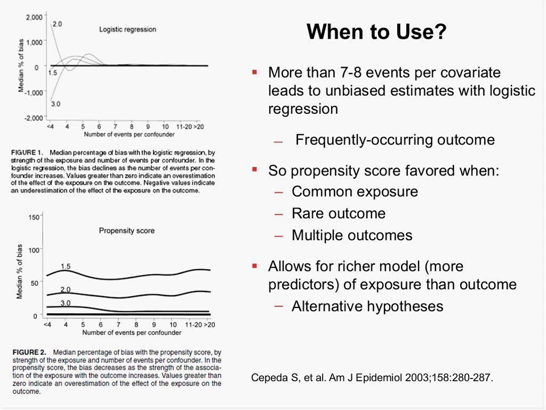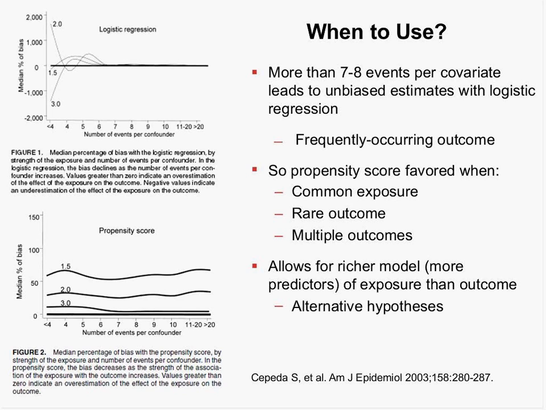And there was more bias with logistic regression than there was with propensity scores when there were fewer than 7 or 8 events per covariate. That is, these are outcome events per covariate that you include in the model. When there are just a few outcomes and a lot of covariates that you put into the model, with logistic regression you have a lot more bias than you do with the propensity score.